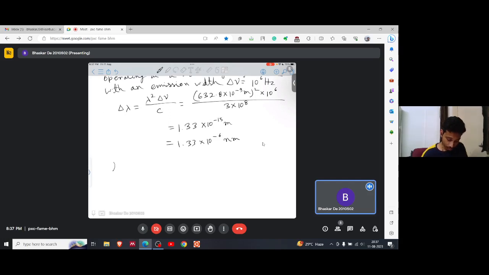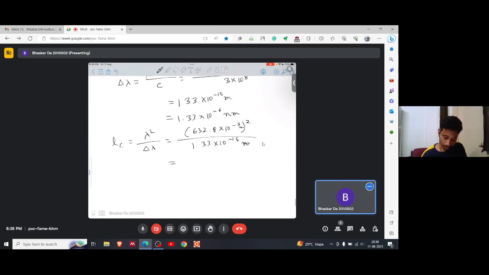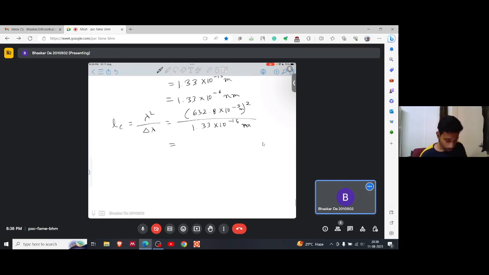Then the temporal coherence LC will be lambda square by delta lambda, which is 632.8 into 10 to the power minus 9 square by 1.33 into 10 to the power minus 15 meter. If you calculate this properly, we will have 301 meter.